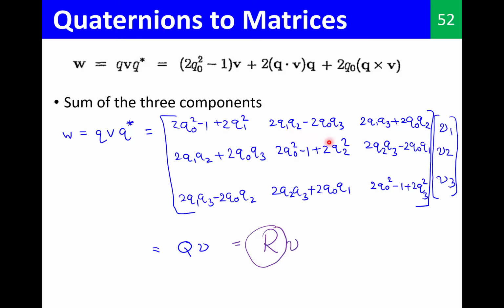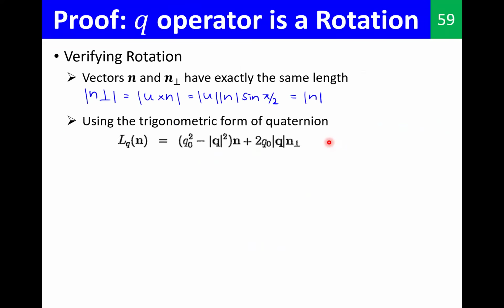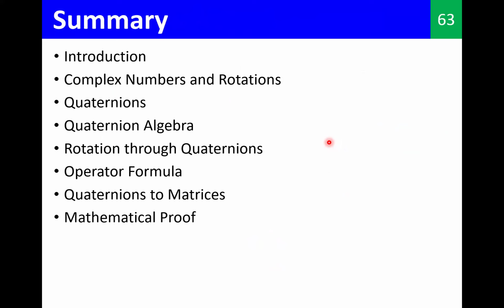With that, we can conclude the quaternions lecture, and let me summarize quickly what we learned. I told you the motivation, how we came up with the quaternion. We started with the complex numbers, and we saw that using a complex number, we could rotate a vector in a planar surface, in 2D.